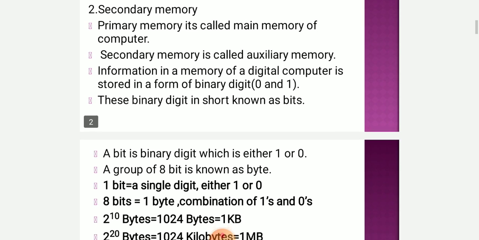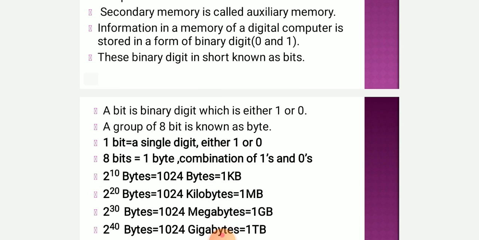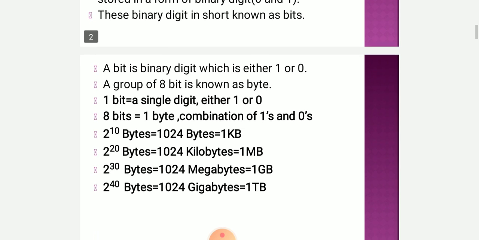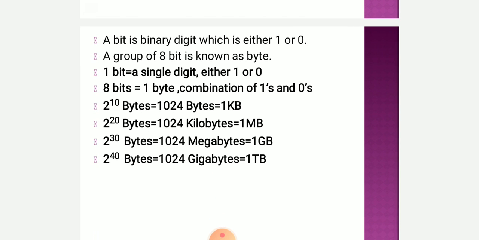All the information stored in the memory of a digital computer is stored in the form of binary digits, that is, 0 and 1. A binary digit is in short known as a bit. I already explained what a bit is.